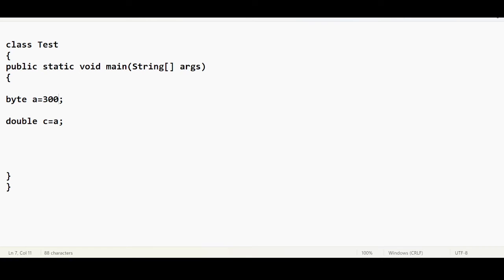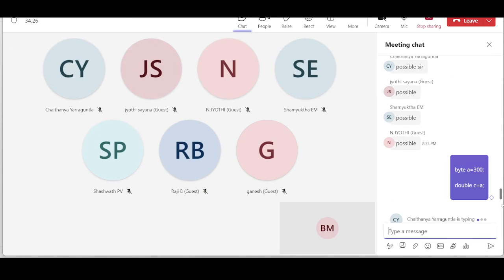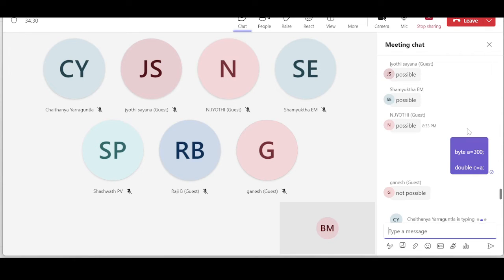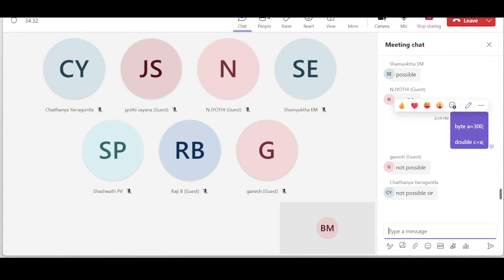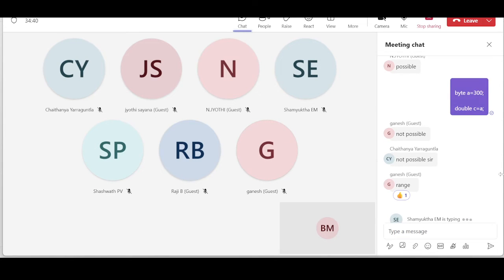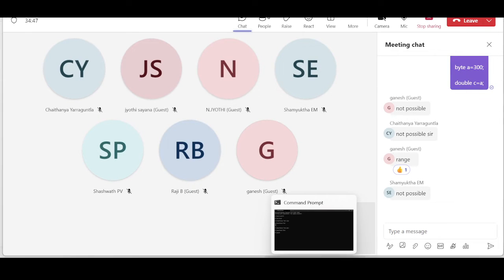Now you tell me. Possible or not possible? Why not possible, Ganesh? Chaitanya, we get a compile time error. Samyukta, Raji, range. Yes, correct. The answer should typically be compile time error.